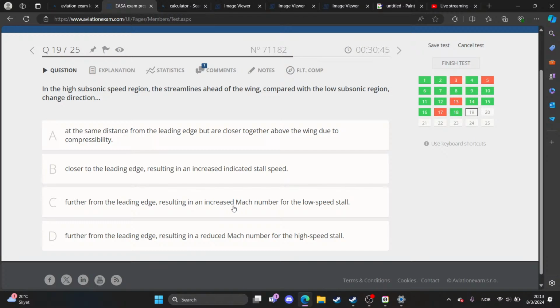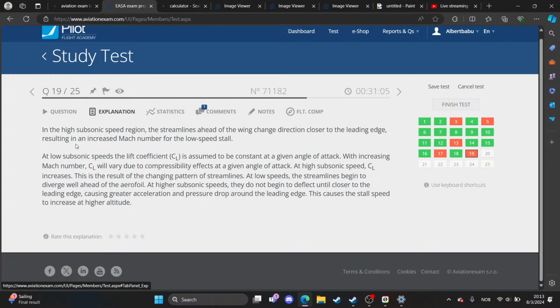This one. Closer, really? Closer to the leading edge, resulting in increased indicated stall. Okay. God, I hate this chapter.